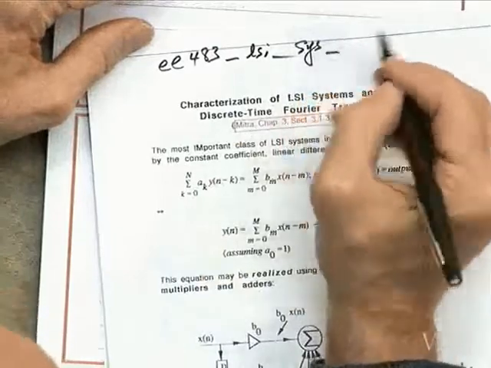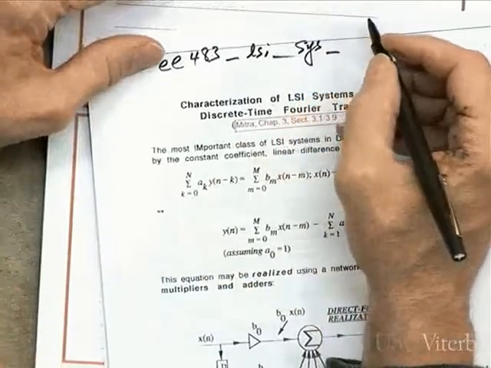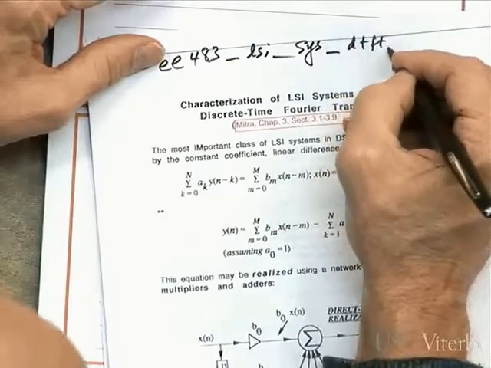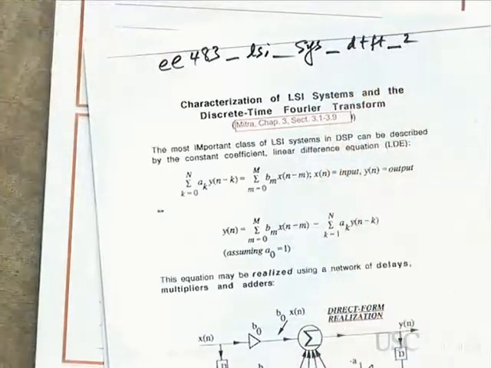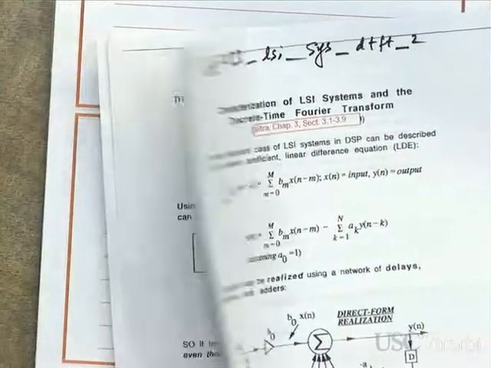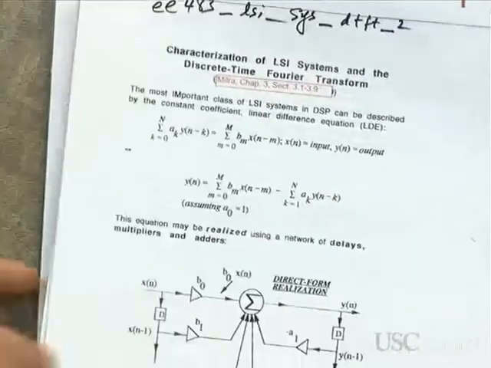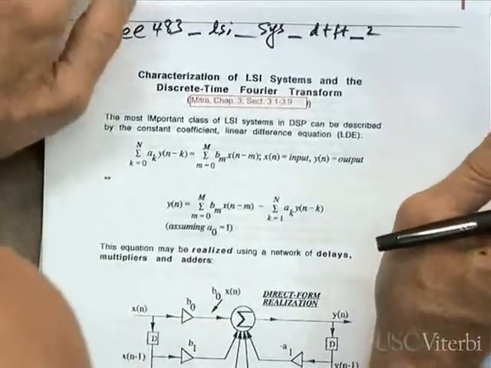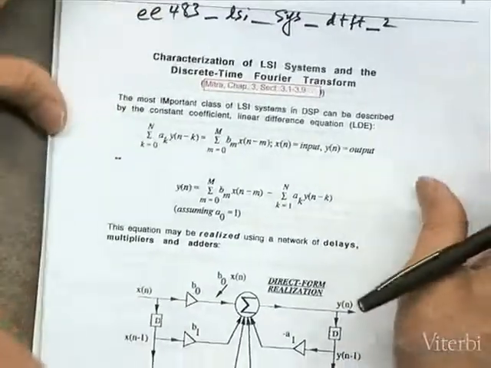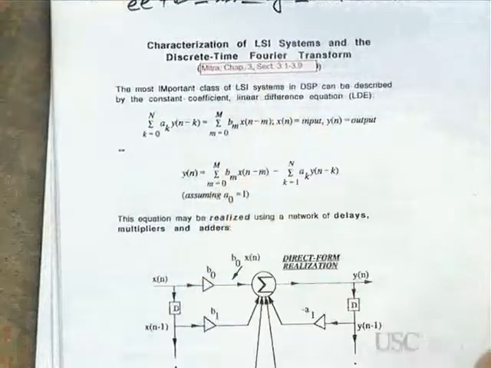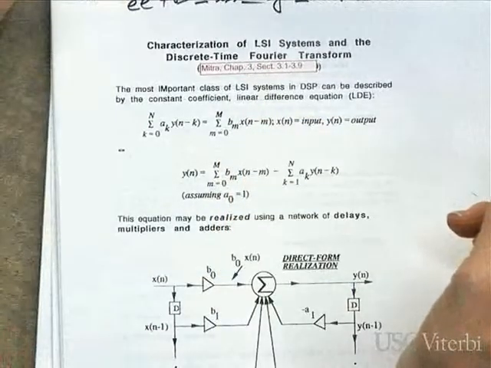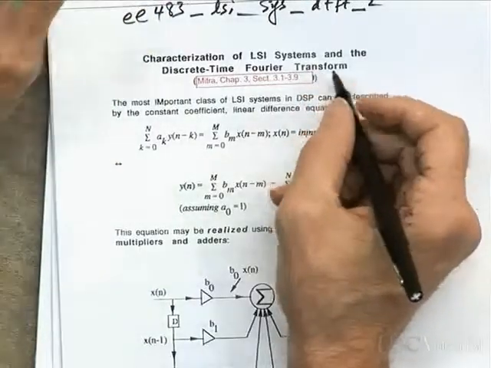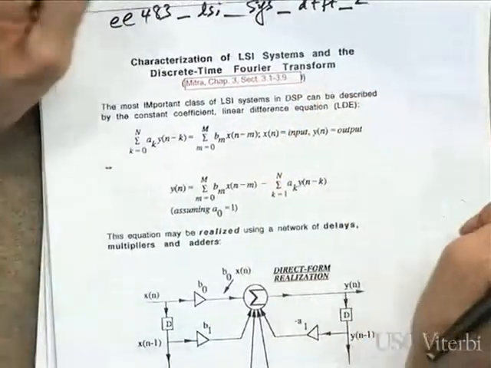I have another set of notes called linear LSI sys DTFT 2. These notes are also posted on the Blackboard, so you can look at these. I believe this is in Chapter 3 of Mitra, either edition 4 or 5, it's the same thing.